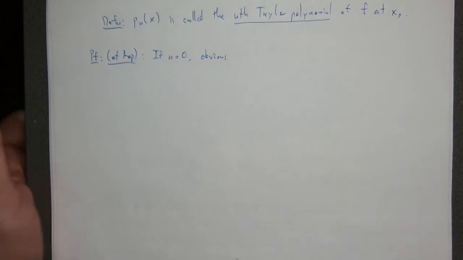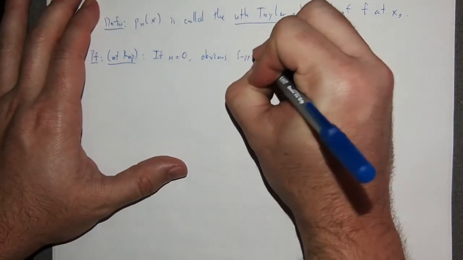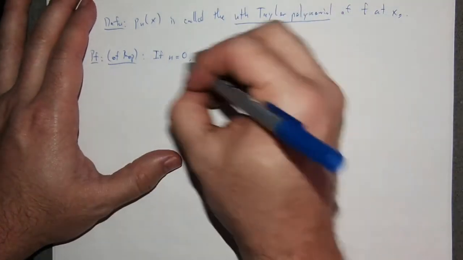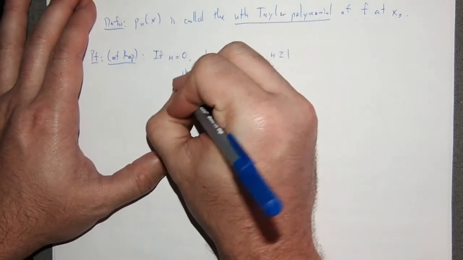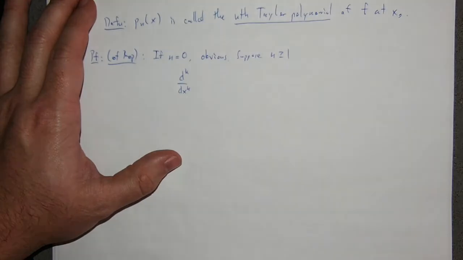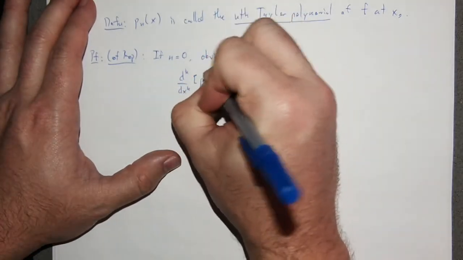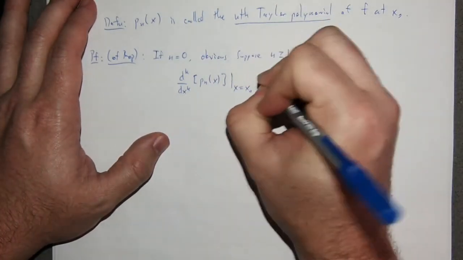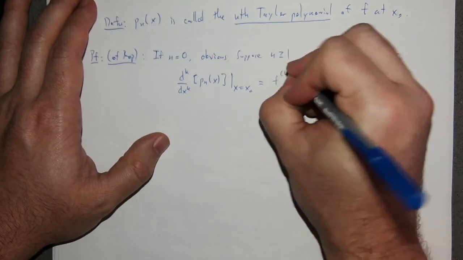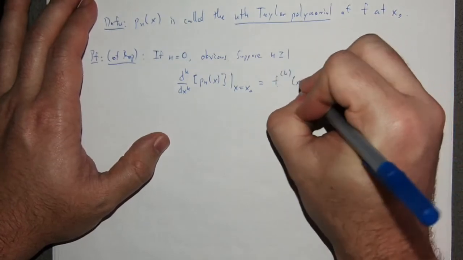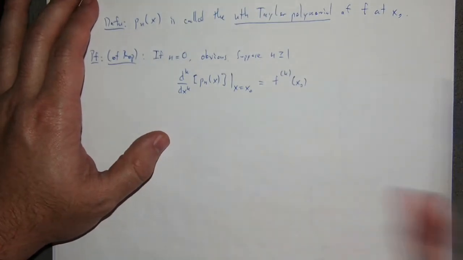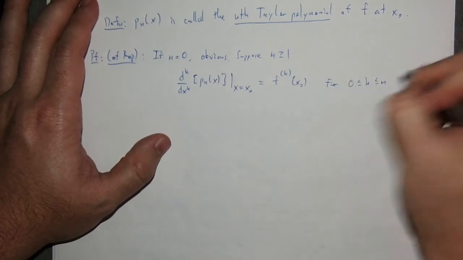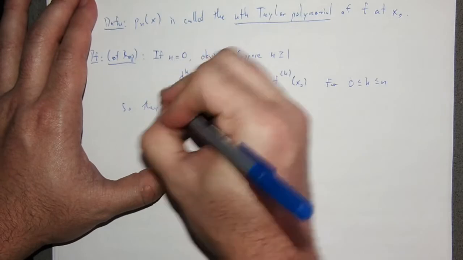So then suppose that n is greater than or equal to 1. Then using the differentiation of powers formula, if I take the kth derivative of my polynomial p sub n of x evaluated at x equals x naught, this is the kth derivative of f at x naught. So they have contact of order n just by definition, right? So they have contact of order n.